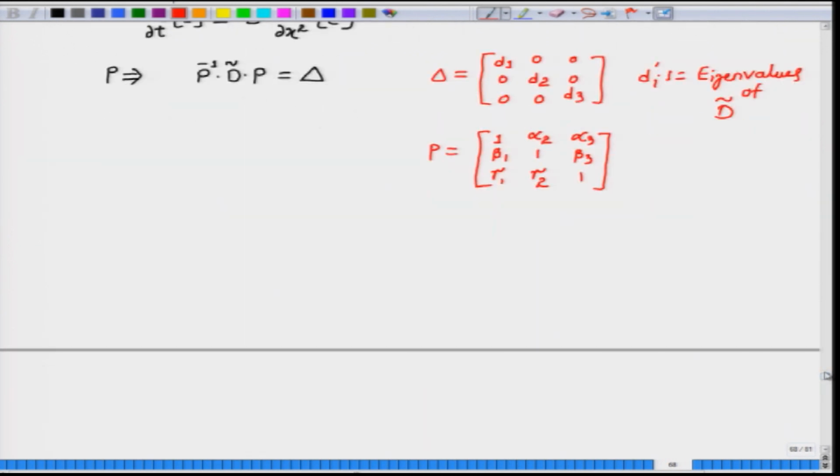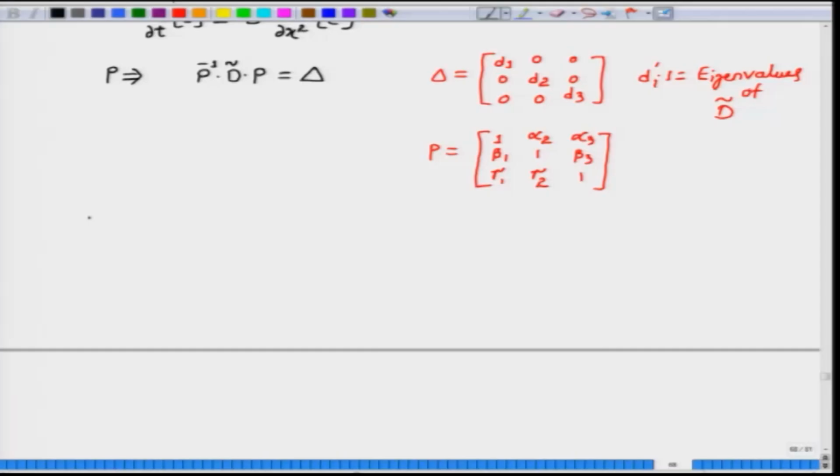Now, to proceed further, what we do? We define fluxes and compositions in a new basis, which we call the cap basis. So, we obtain the matrix J cap by pre-multiplying the original matrix with P inverse.